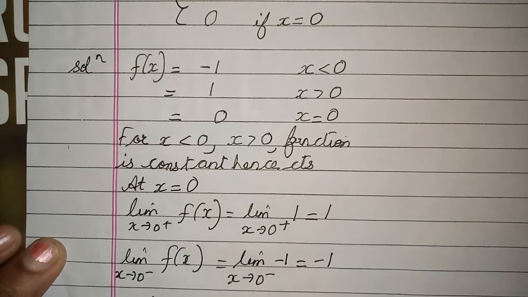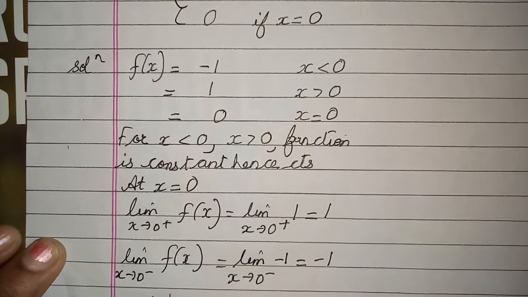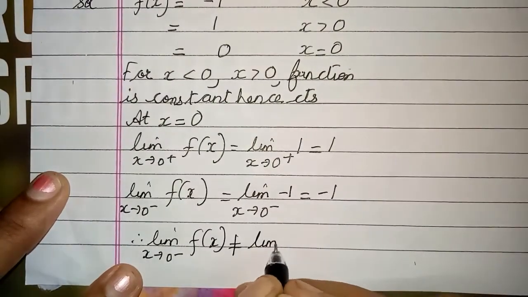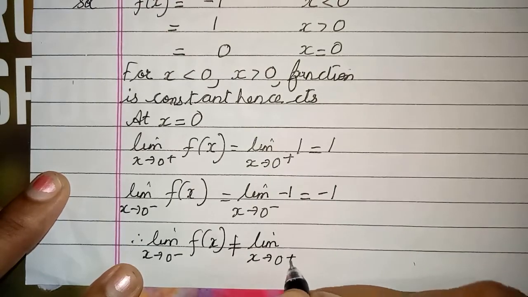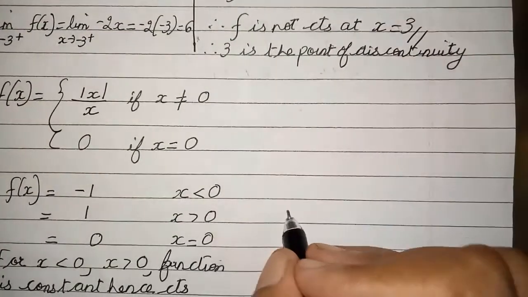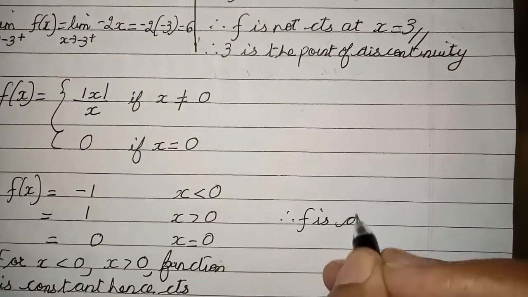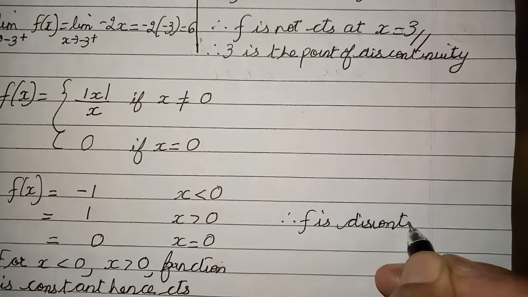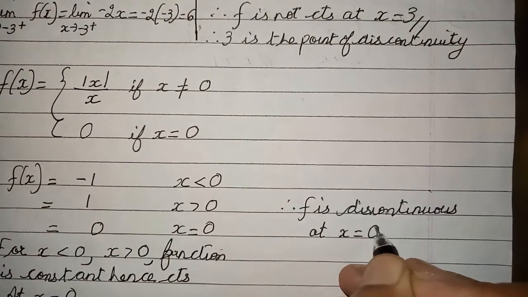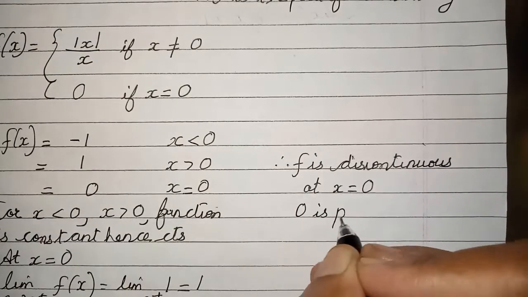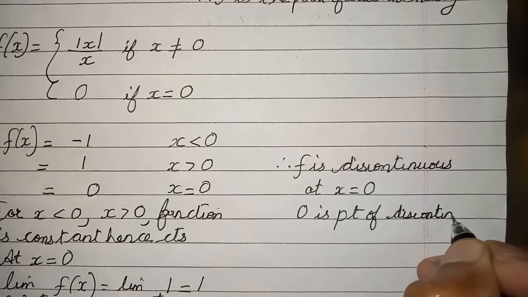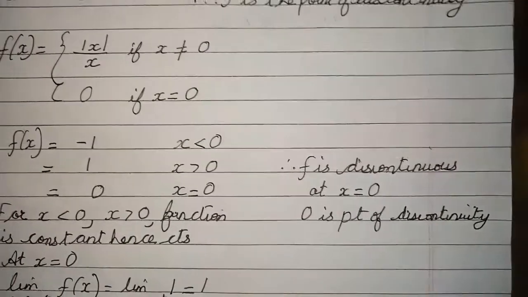So I can see that limit as x tends to 0 minus f of x is not equal to limit as x tends to 0 plus of f of x. Therefore I can say f is discontinuous at x equal to 0, and 0 is called the point of discontinuity. I am writing in short, okay? You don't write like this.